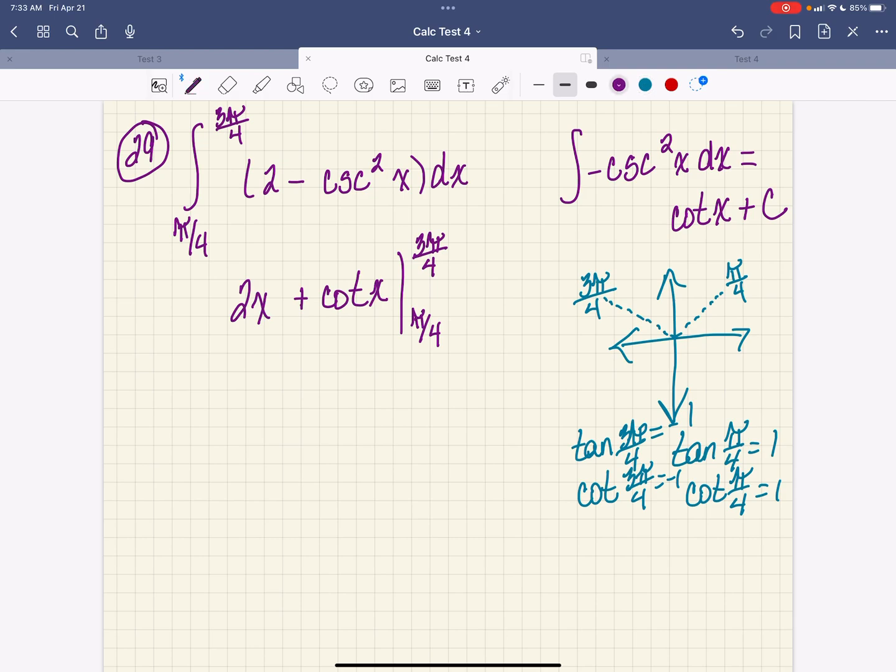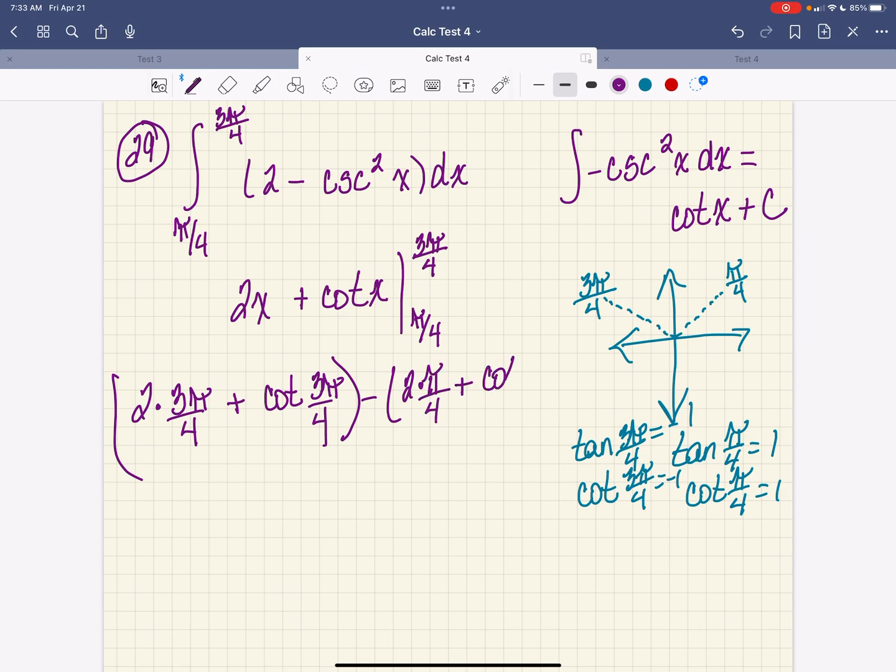So I'm going to have 2 times 3 pi over 4 plus the cotangent of 3 pi over 4. Okay, and we are subtracting. So then we subtract 2 times pi over 4 plus the cotangent of pi over 4.